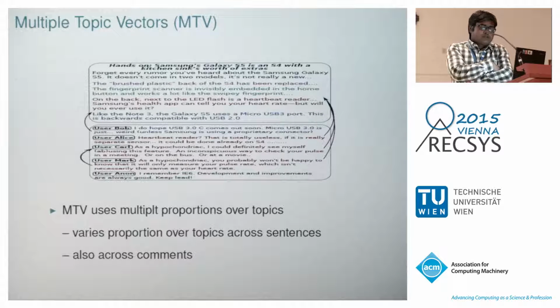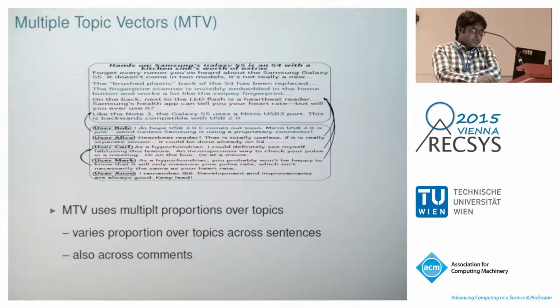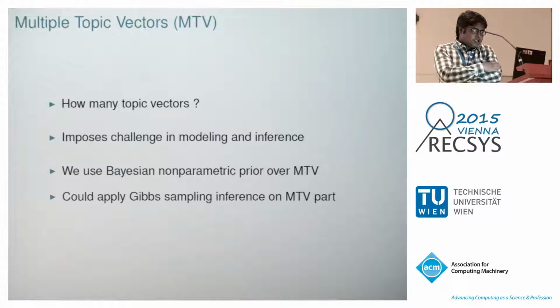So MTB allows us to model that aspect, but one of the challenges is how many topic vectors do you use? Suppose you use a very large number of topic vectors, that will induce a very high amount of variation, which may not be suitable because there can be some articles which are coherent and people may like to comment on the entire article as a whole.